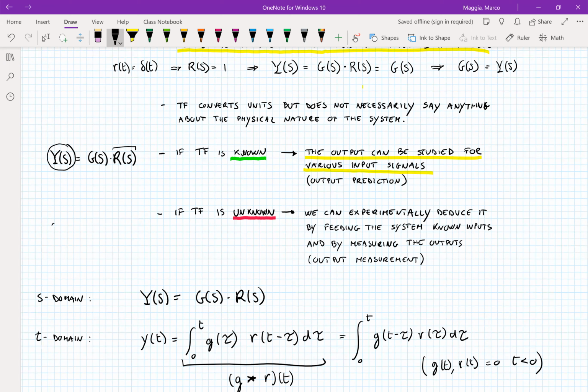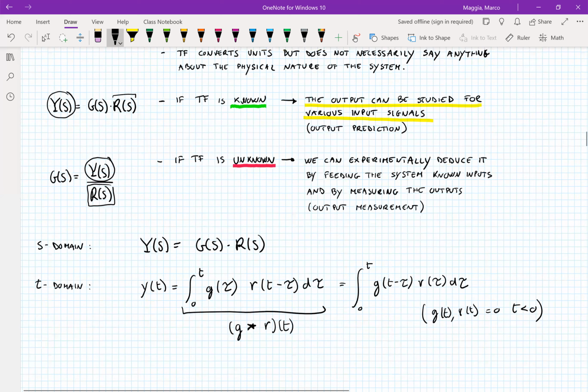That is because g of s, once again, is the ratio between the output and the input in the S domain. So if we know R of S, because we pick the input, and we measure the output, we can retrieve the transfer function. This is a little bit more complicated than this, but it gives you the idea that the transfer function can actually be experimentally deduced.